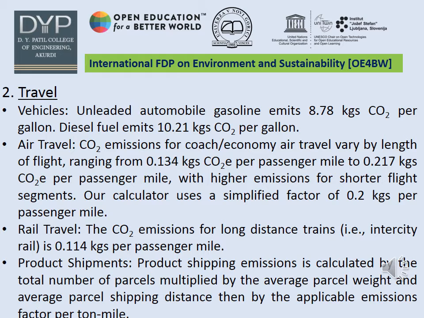In air travel, CO2 emission for coach economy air travel varies by the length of the flight, ranging from 0.134 kilograms CO2e per passenger mile to 0.217 kilograms CO2e per passenger mile. With the higher emission for shorter flight segments, our calculator uses a simplified factor of 0.2 kilograms per passenger mile. In railway travel, the CO2 emission for long distance train, intercity railway, is 0.114 kilograms per passenger mile.